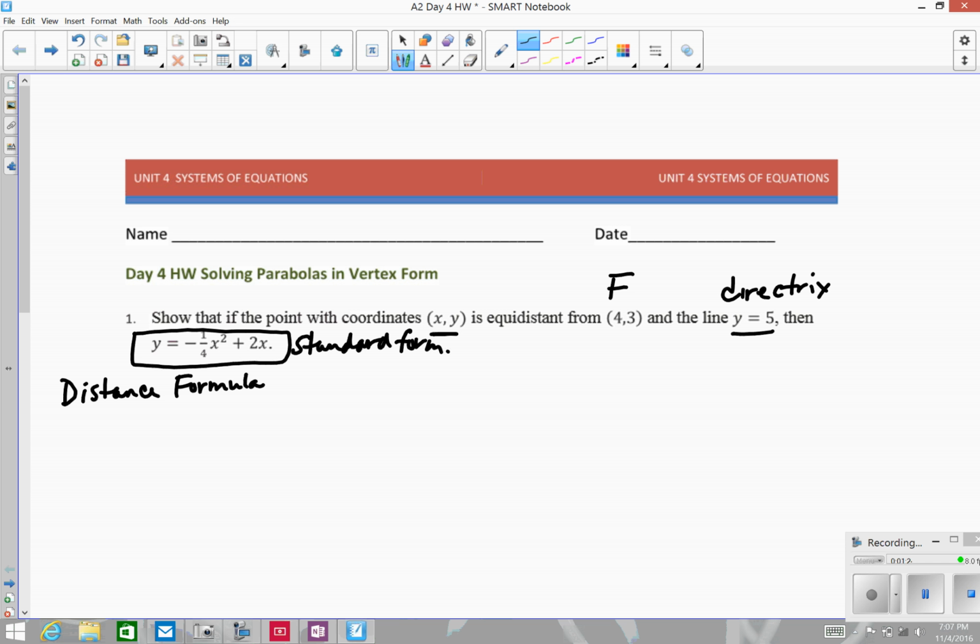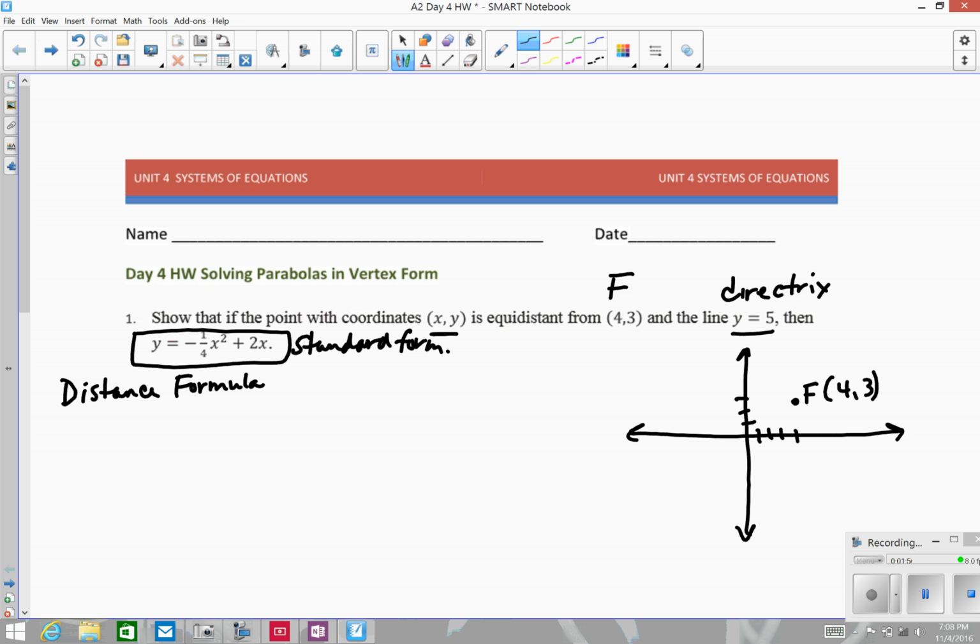So it's a very good idea to draw a sketch of the focus point and this directrix and get an idea whether the parabola is opening upwards or downwards. Let me just get these points here. 4, 3 is the focus, so that's my point F at 4, 3.